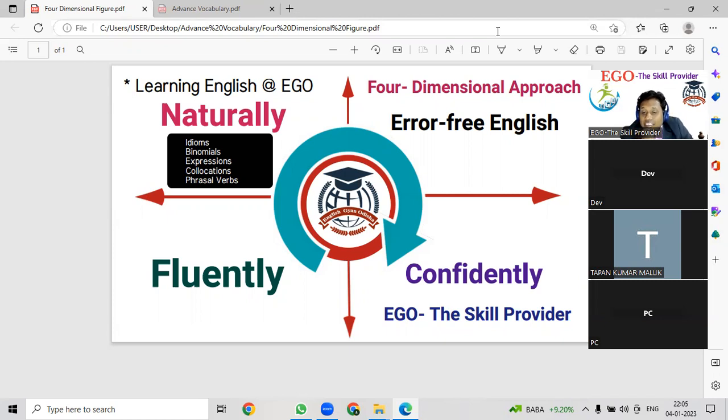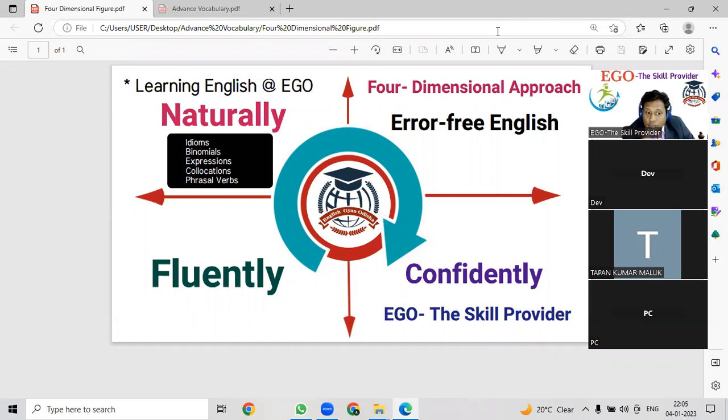What do you mean by native speaker? Where English is a mother tongue. Basically, where English is a mother tongue, people use a lot of idioms, binomials, expressions, collocations, and phrasal verbs. Yesterday I was teaching about error-free English.